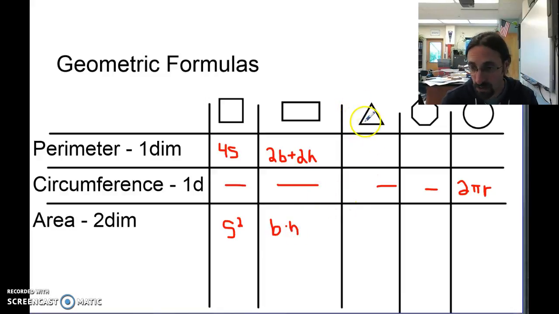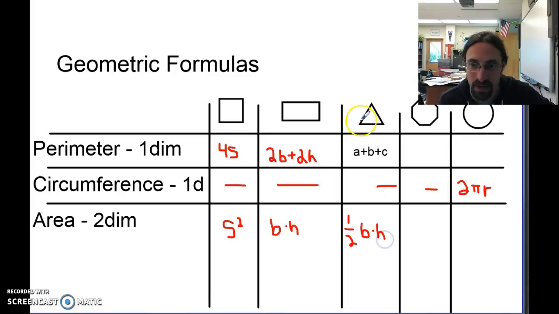For a triangle, regardless of the kind of triangle it is, let me just go ahead and switch. I'm going to type this in and it'll make it look a little cleaner. A plus B plus C. So that means A, B, C refers to the length of side A plus the length of side B plus the length of side C. As far as the area goes, it's 1/2 the base times the height.